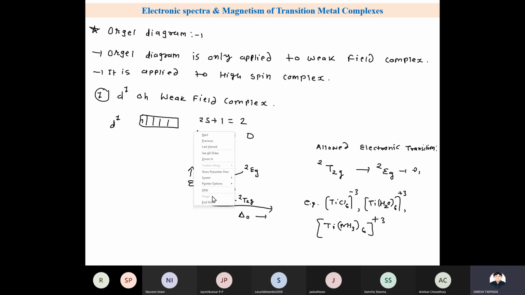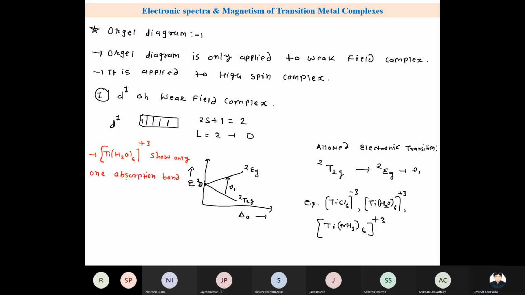If you compare all these three complexes, in the case of Ti(H2O)6 3+, only one absorption band appears, which is broad, composite and unsymmetrical because of the Jahn-Teller distortion.